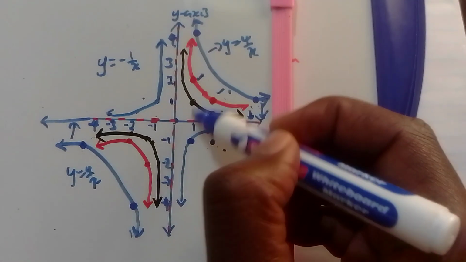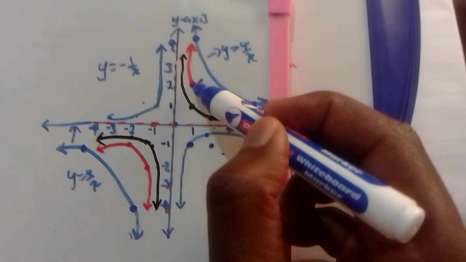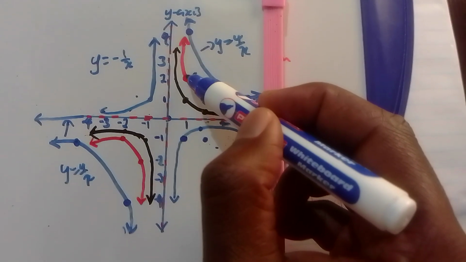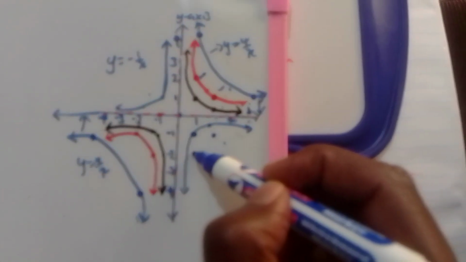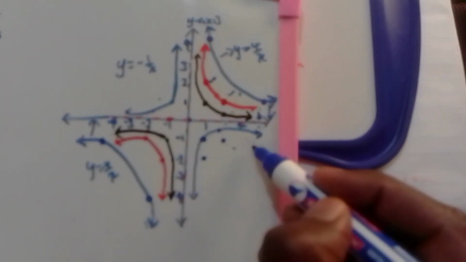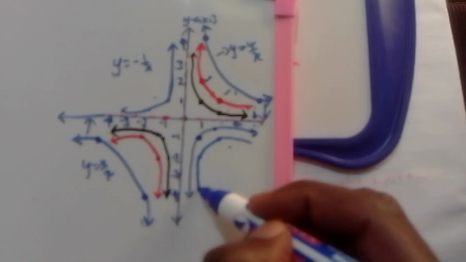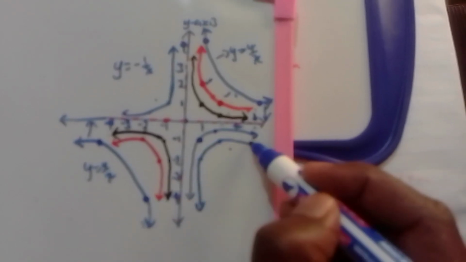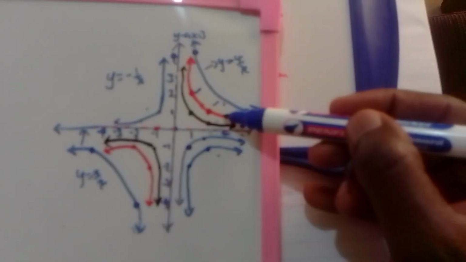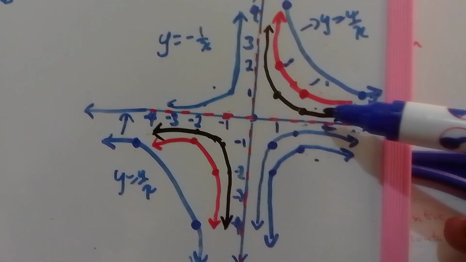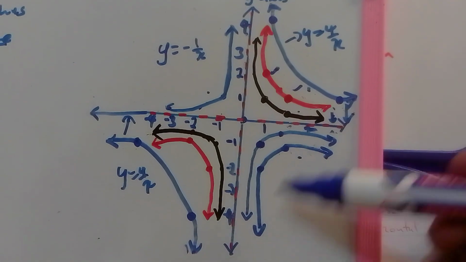Then here when my x was positive 1 for this red graph, my y was 2, which means the y has changed. It's no longer positive 2, it's now negative 2. So I come and I draw my plot here. Then from there, I join these points which I've plotted, and you can see that this branch here is identical to the branch there, right?